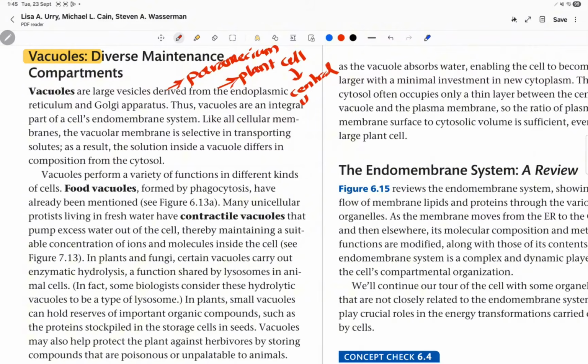If it's a paramecium, it's going to have a contractile vacuole, which basically means a vacuole that's able to contract and help it save itself from having too much water going inside.